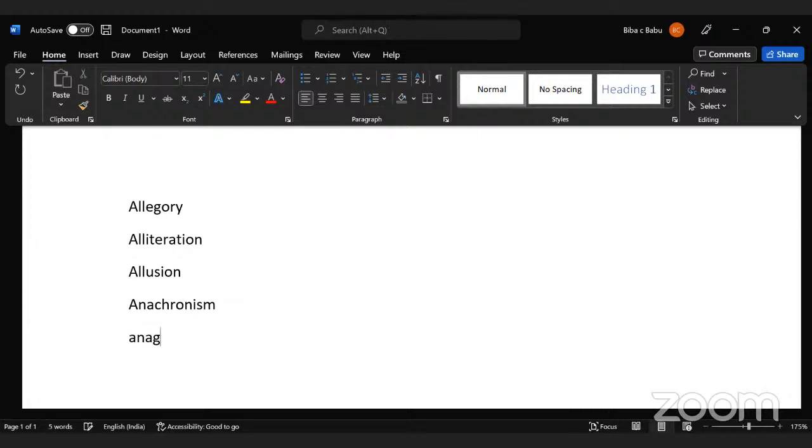Next is anagnorisis. Anagnorisis is used mainly in tragedy. You will know that there is drama, and drama is of different kinds. We have tragedy, comedy, and this anagnorisis comes in tragedy. It refers to a moment when there is some special revelation.